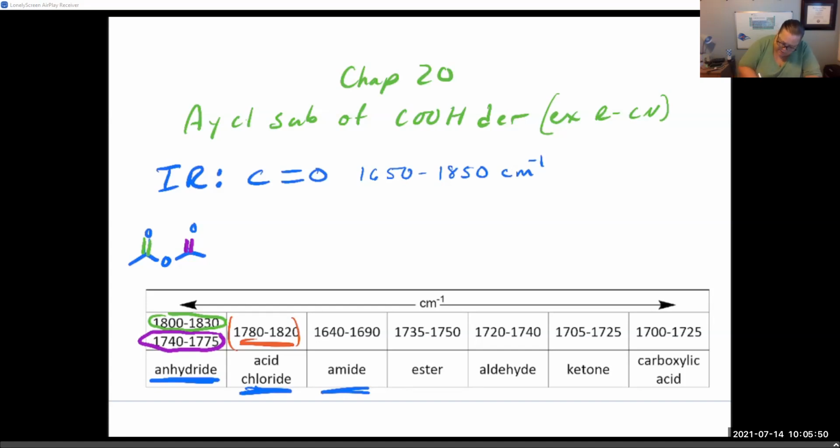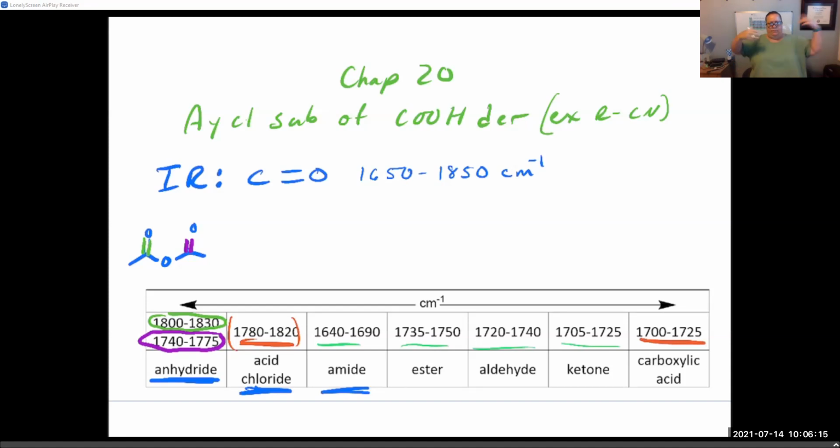Then we see that the esters and the aldehydes and the ketones are kind of in the same range. Again, guess what that has to do with? Resonance contributors and some inductive effects for the ketone. And then the carboxylic acid does something really crazy that I'm going to talk about later on.